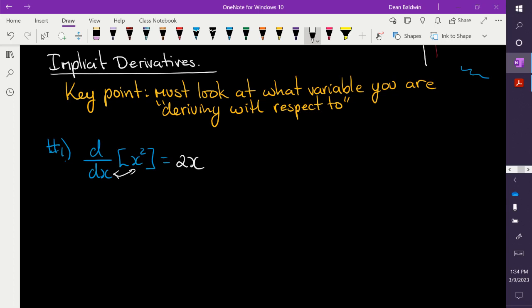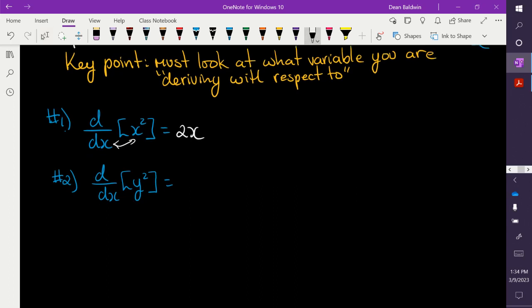But if you were doing something like the derivative of y squared with respect to x, you have to use chain rule. Okay? So these don't match.